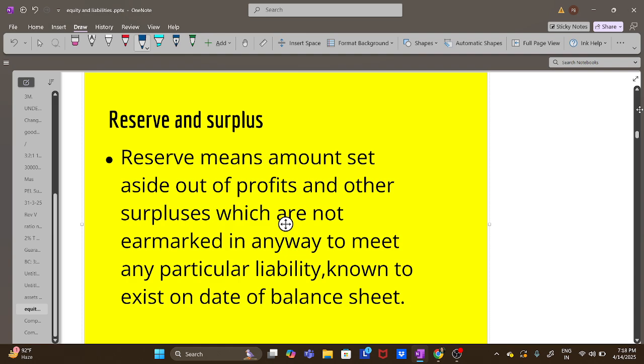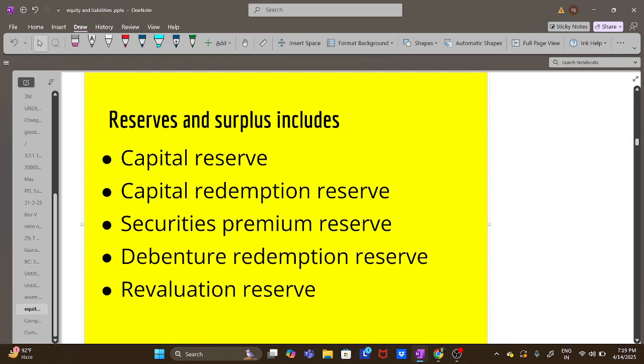Whereas reserve means amount set aside out of profit for a particular purpose, to meet any known liability. Different reserves are capital reserve, capital redemption reserve, securities premium, debenture redemption reserve, revaluation reserve. What is common? Reserve word is there in all, if you see.